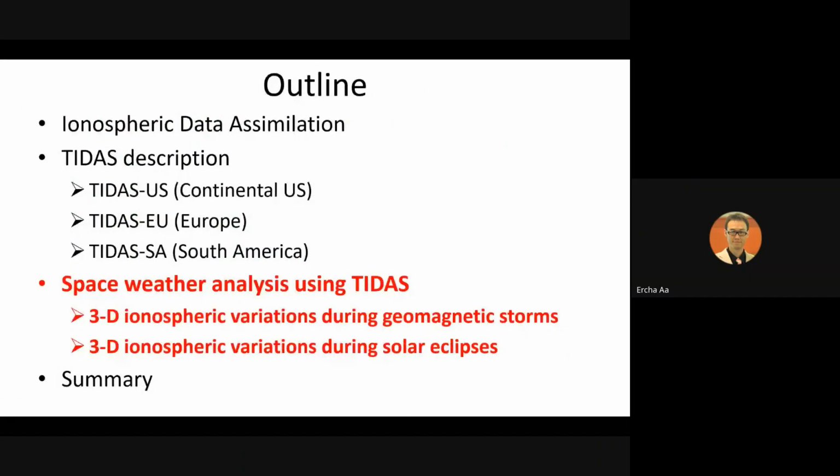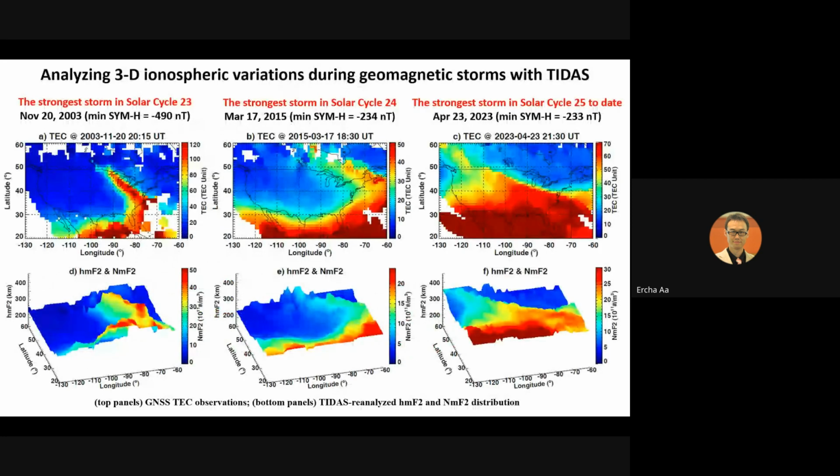Thank you. So next topic, I'm going to talk about some space weather analysis by using the TIDAS data assimilation tool. The first one is that TIDAS can help us analyze the three-dimensional ionospheric variation during storms. So here I provide some examples of three intense storms.